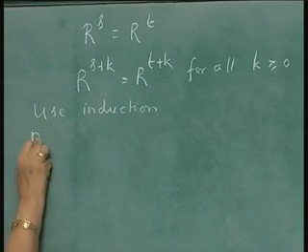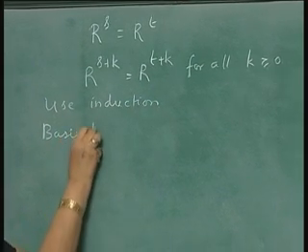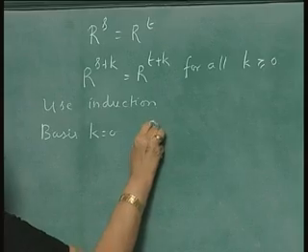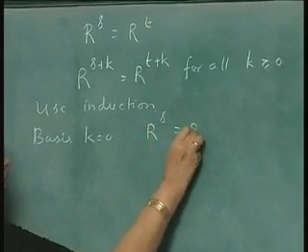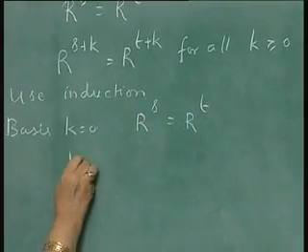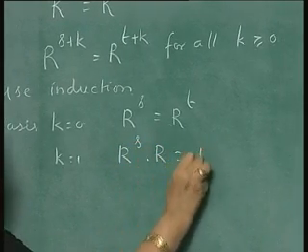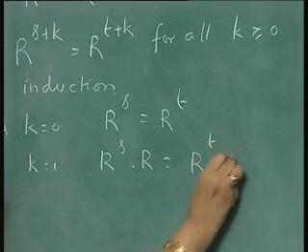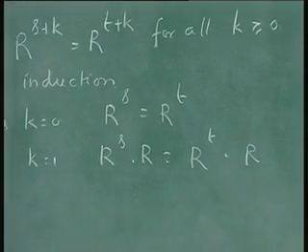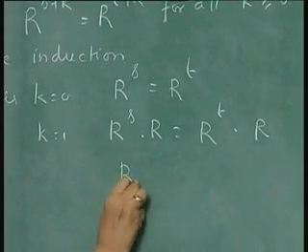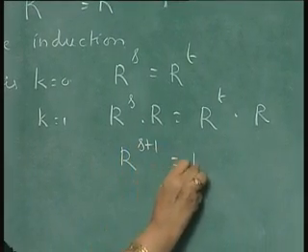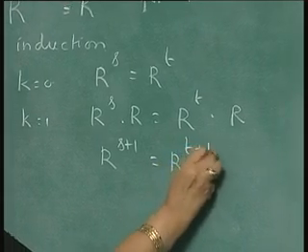Basis: K is equal to 0, you know that R power S is equal to R power T. K is equal to 1, R power S into R equal to R power T into R. So, you are combining with R, you are concatenating with R. So, this will be R power S plus 1 equal to R power T plus 1.